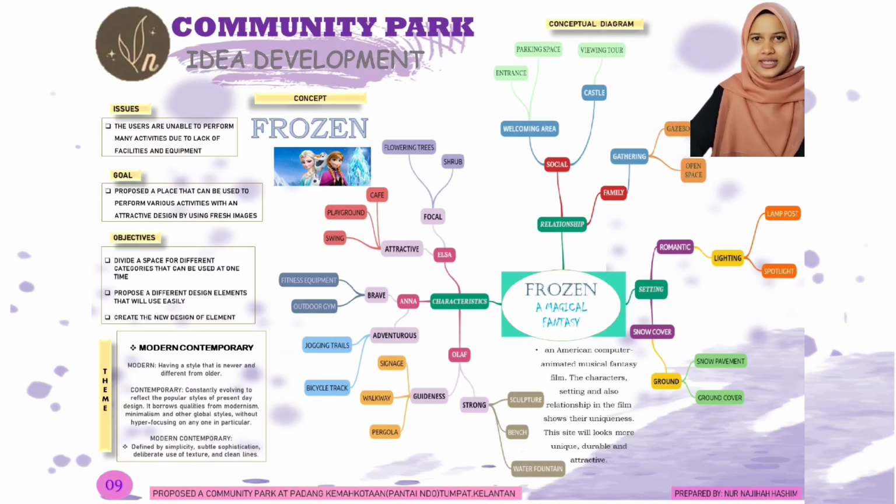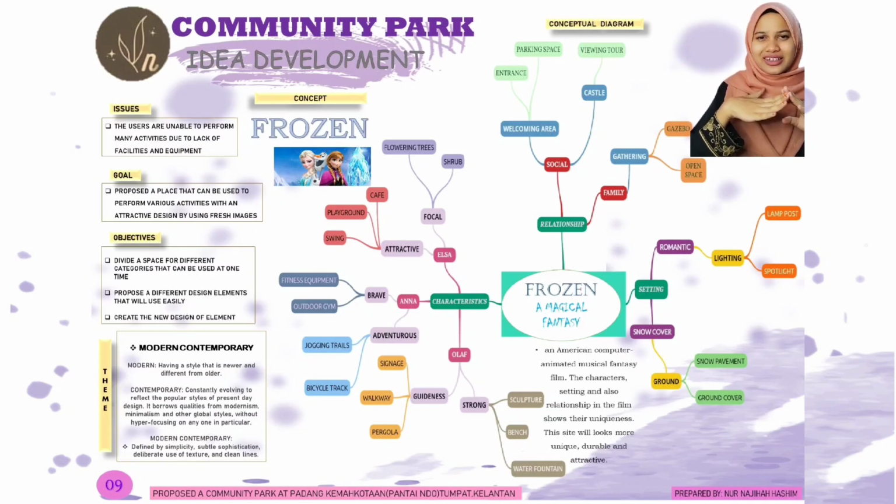Okay, next is the setting from the film. First is romantic. For the romantic, I want to propose lighting, and the elements are lampposts and also spotlights around the site. Next is the snow cover.